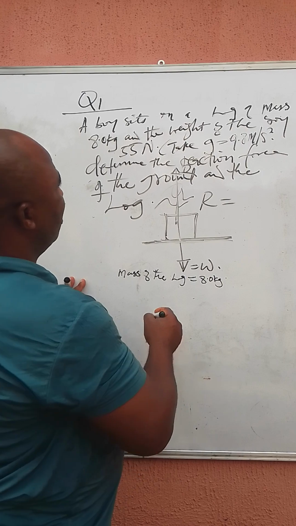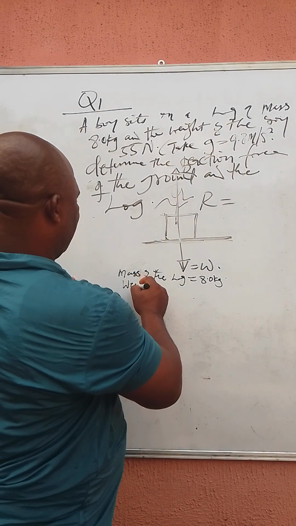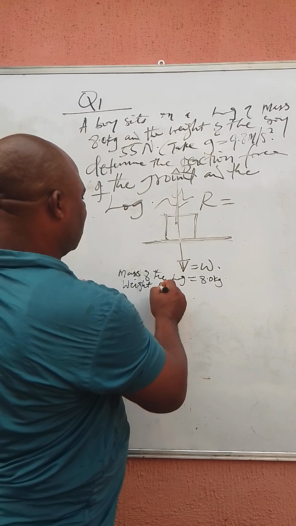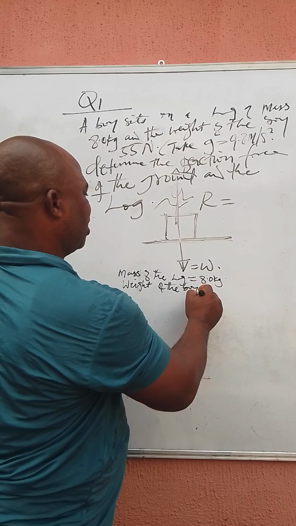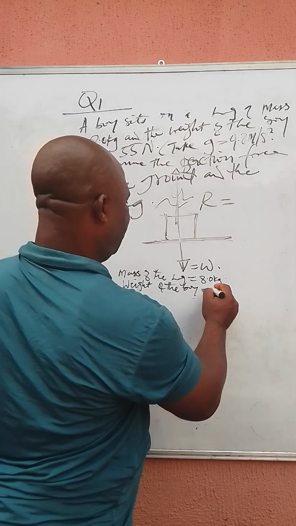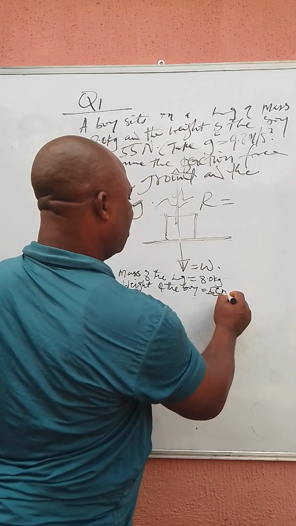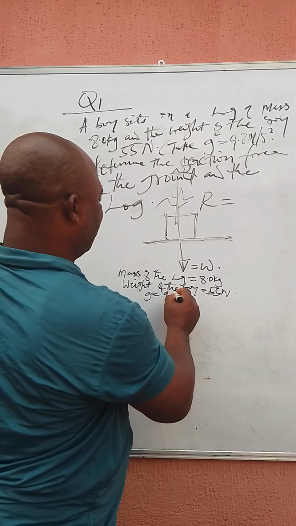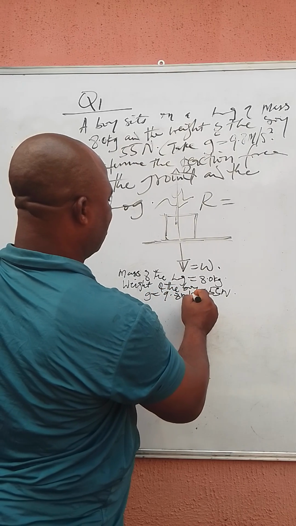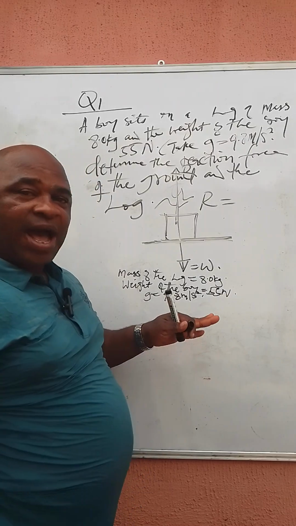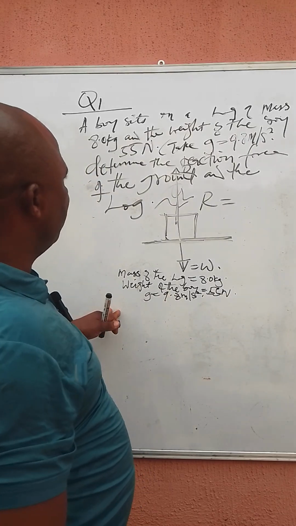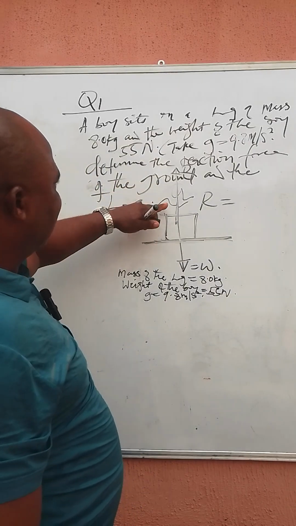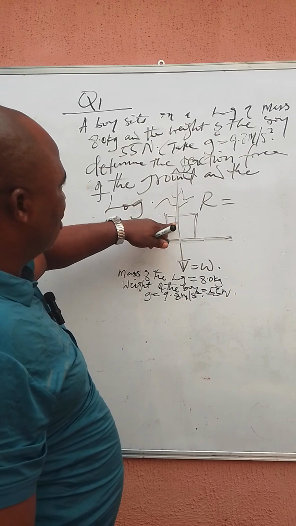Then we are given equally the weight of the boy, which is equal to 55 Newton. Then acceleration due to gravity, g, is given as 9.8 meters per second square. Having this, the next thing we'll do is get the weight of the log.